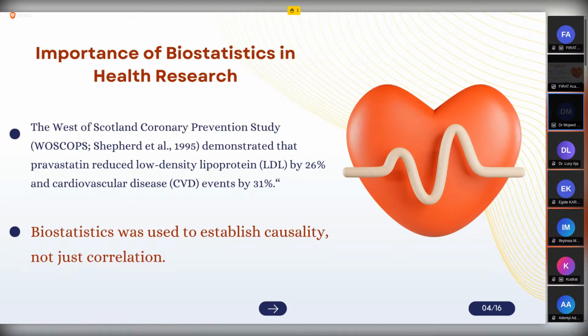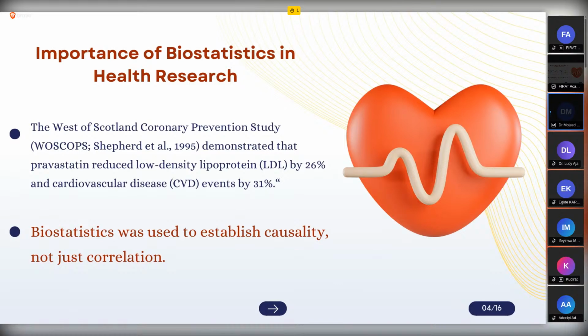Number one, it provides evidence-based decisions. Because biostatistics is the decision support system that helps you to transform data into actionable information. We all know that for you to make decisions, you need information. For you to have information, you need data.